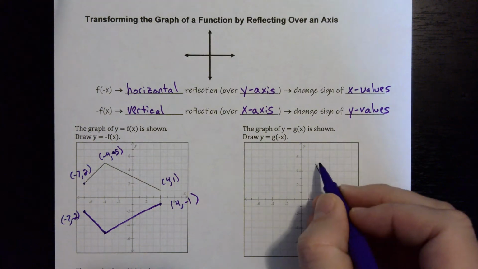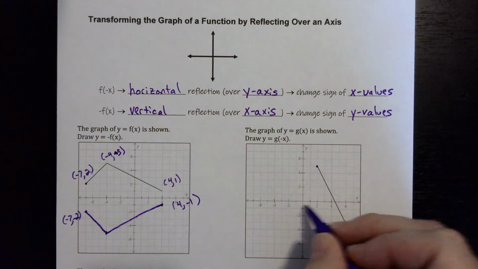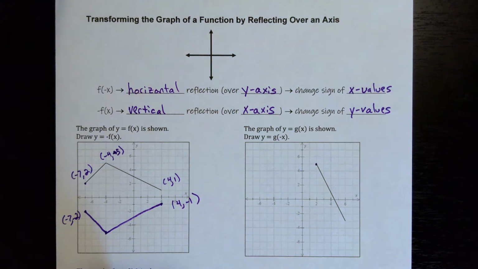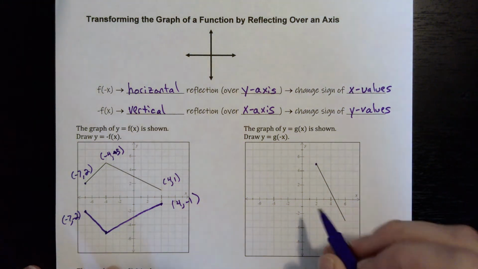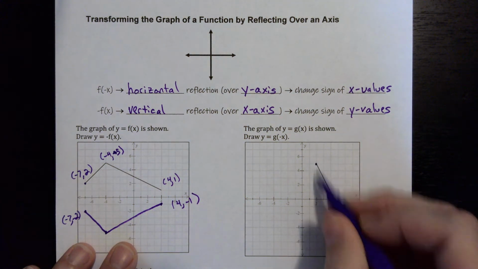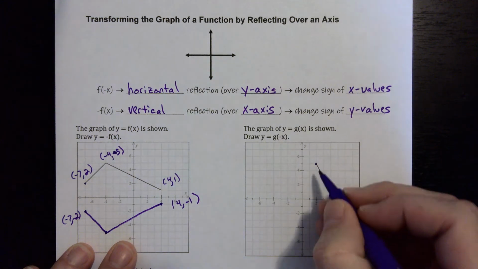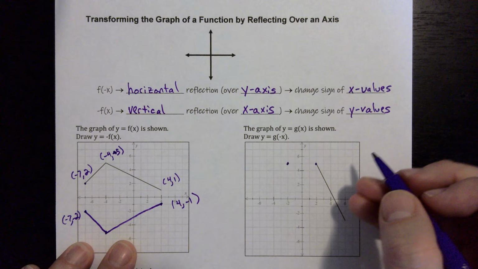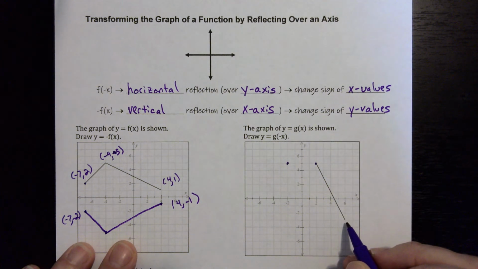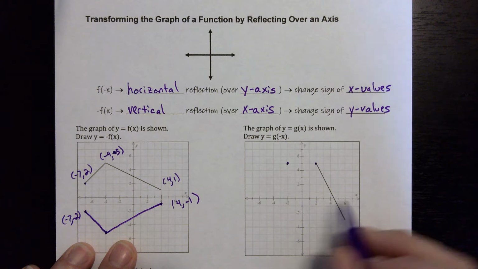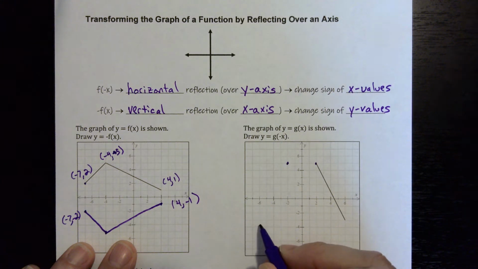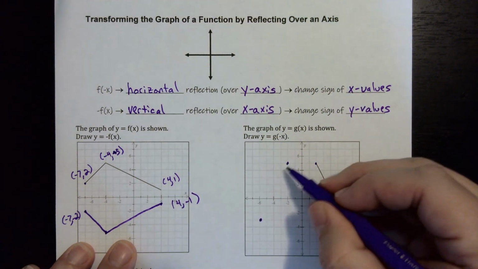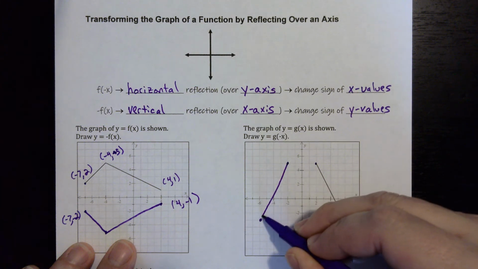This point right here is 2, 5 rather, so it's going to be over here at negative 2, 5. This point down here was 6, negative 3, so now it will be negative 6, negative 3. Okay, so we look like this.